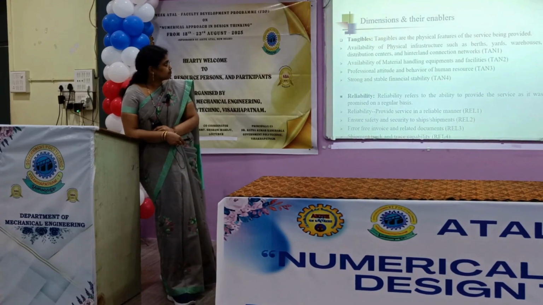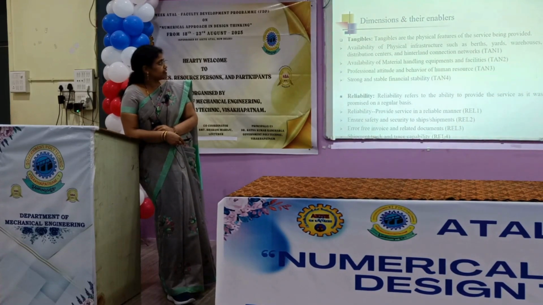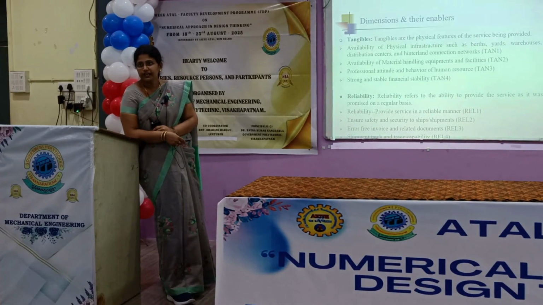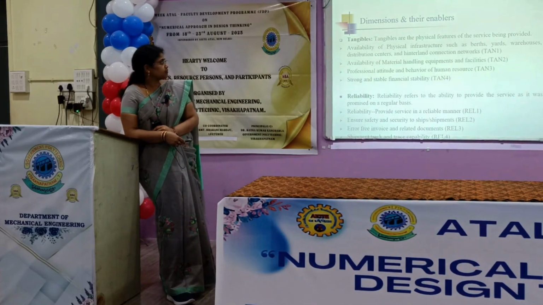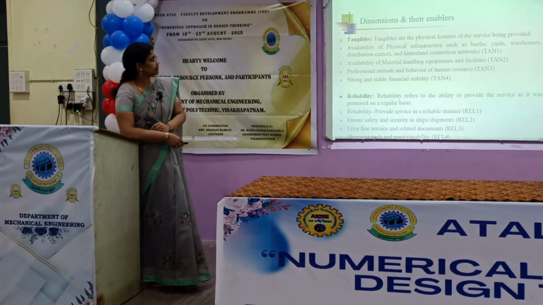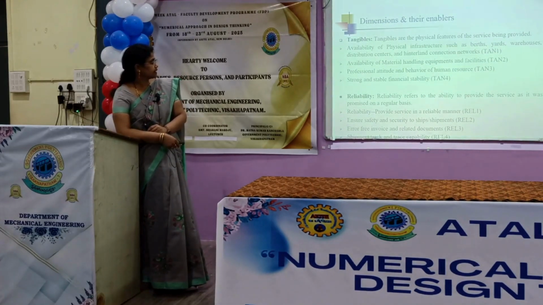And next, professional attitude and behavior of human resource. Under facilities, humans also come. So how the human resources are is the third tangible. And next, strong and stable financial stability, whether the container terminal has strong financial stability or not. Like that, I have considered four sub criteria under tangibles.